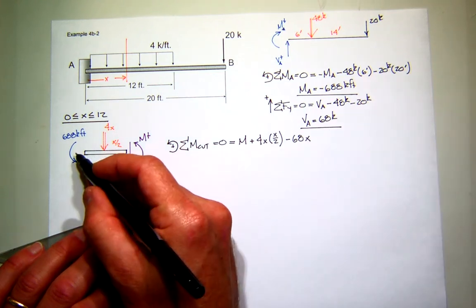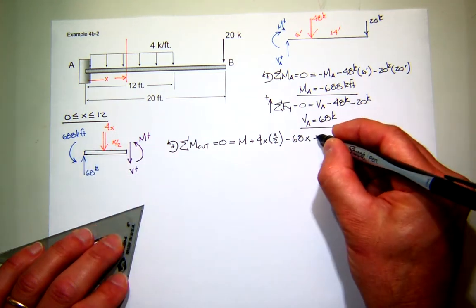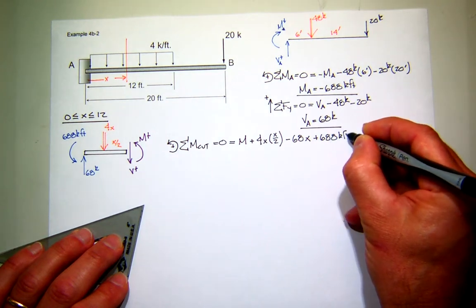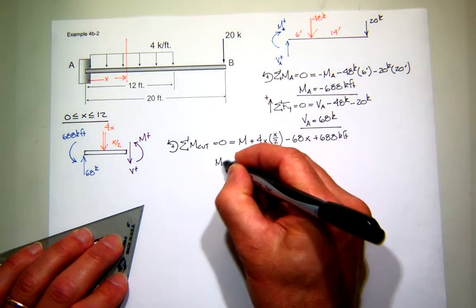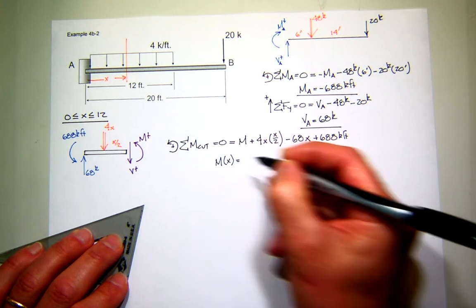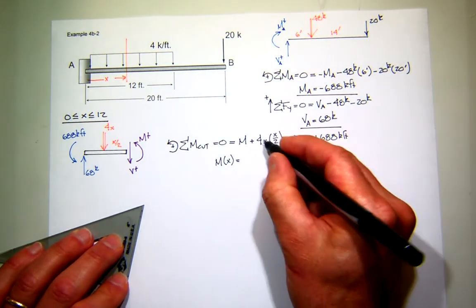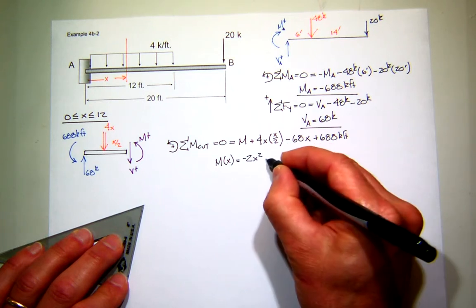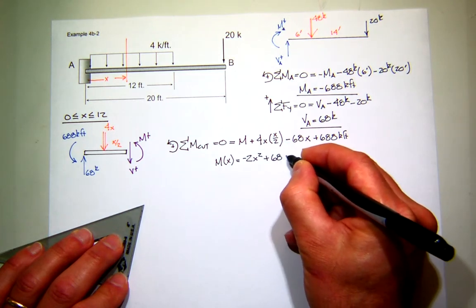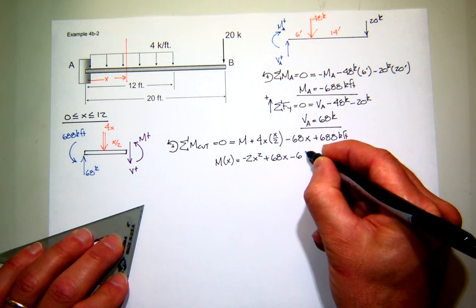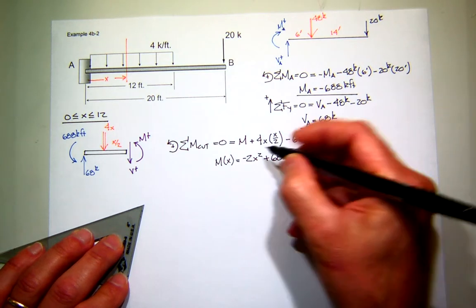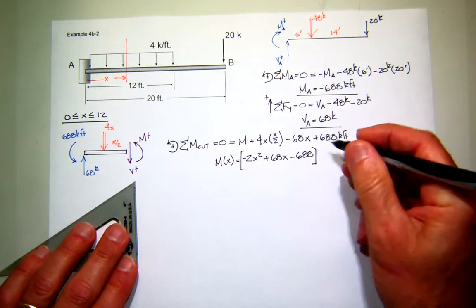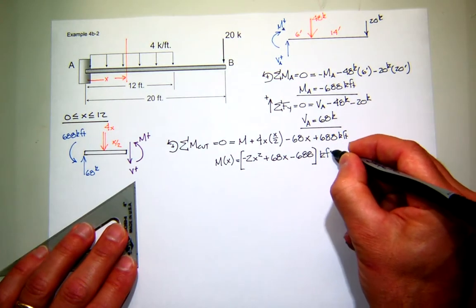And then you have the 688 at the end, which is positive. So when you solve for the moment, which will be a function of x, you'll get negative 2x squared plus 68x minus 688. Let me put a bracket around all that and note that the units are in kip feet.